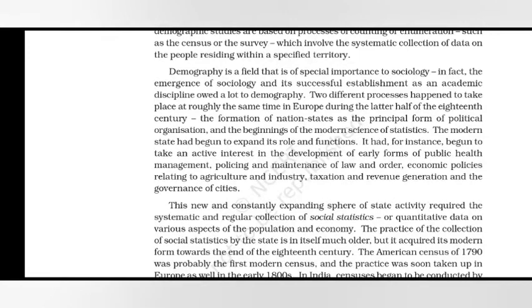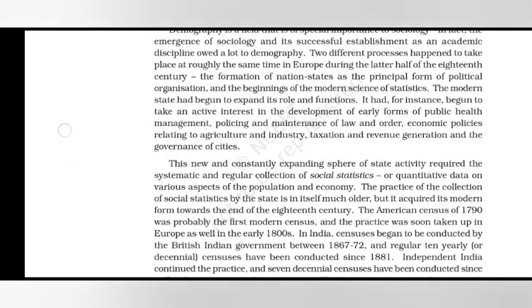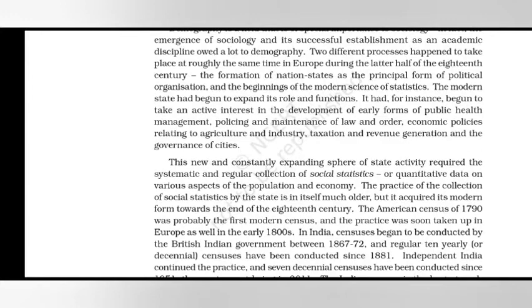Two different processes happened to take place at roughly the same time in Europe during the latter half of the 18th century: the formation of nation states as a principal form of political organization, and the beginnings of the modern science of statistics. The modern state had begun to expand its roles and functions.